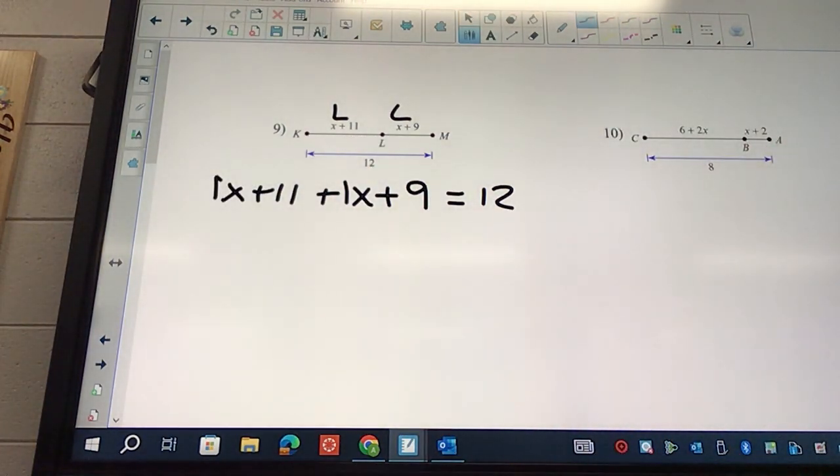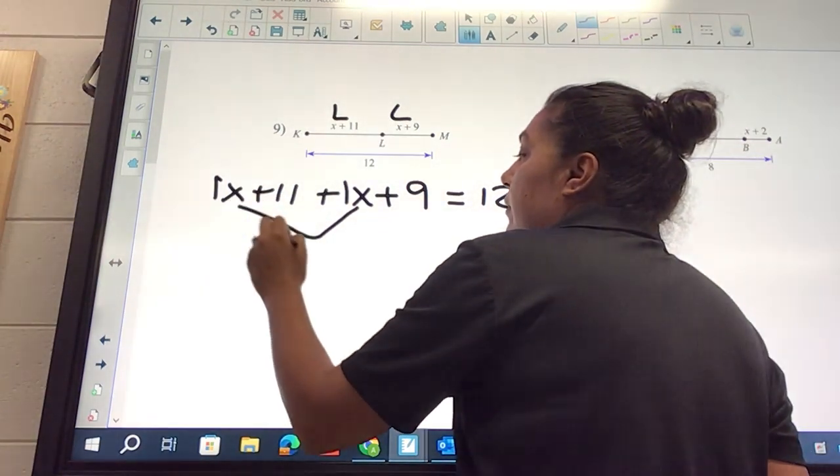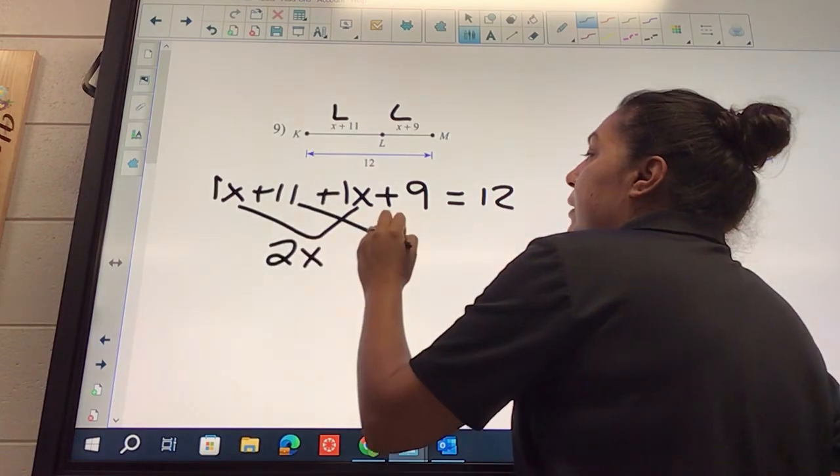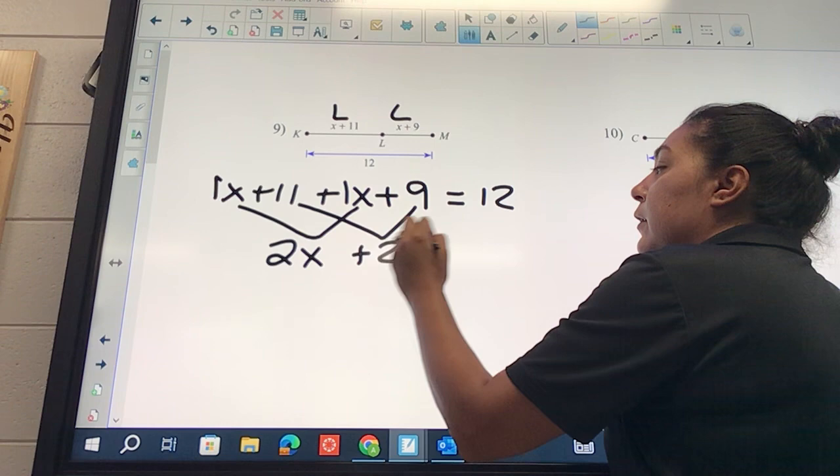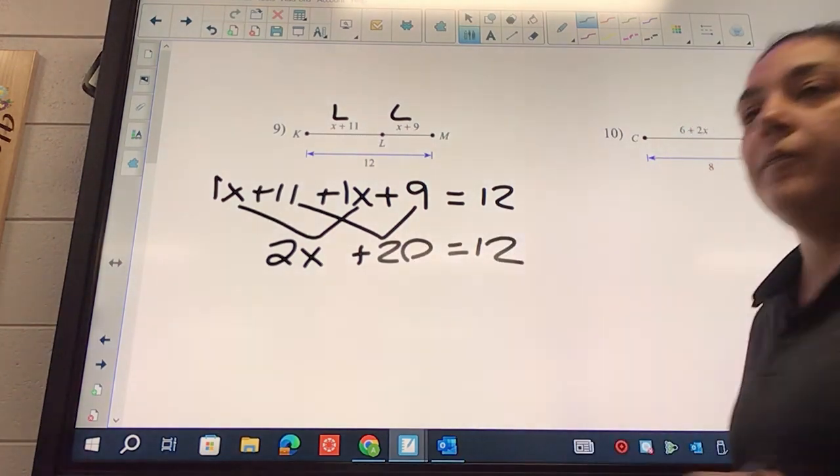And then we can combine our x's. So 1 plus 1 is going to be 2x. 11 plus 9 is going to be what? 20. Good. Equals 12.